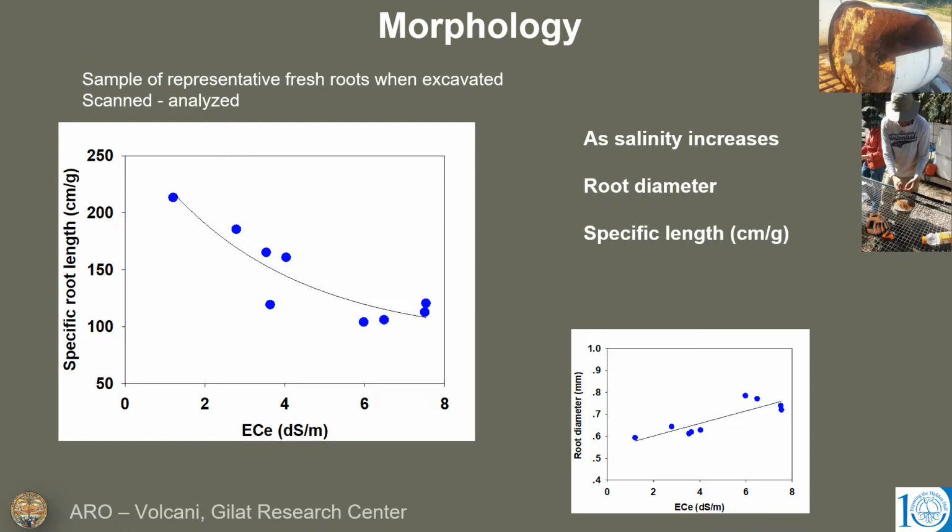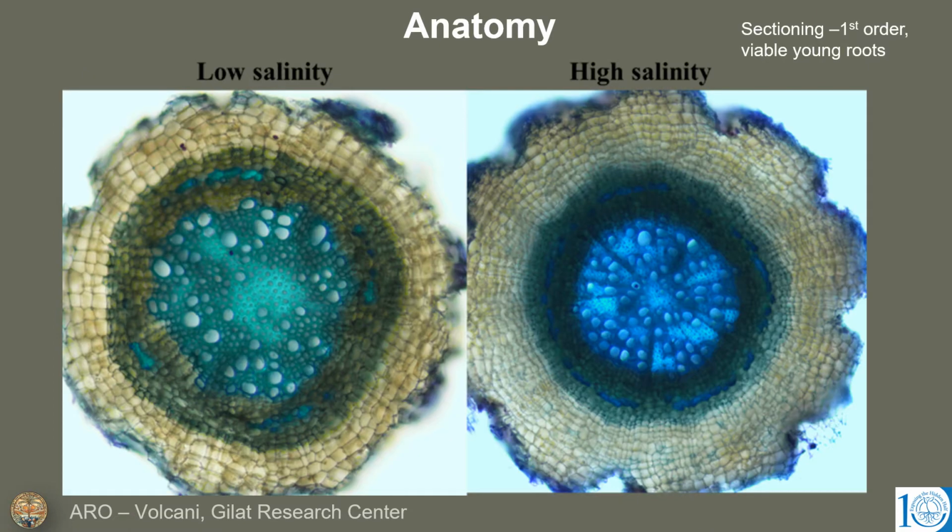When we did some sectioning and looked at anatomical elements of these roots, here we see low salinity on the left and high salinity on the right. Most of you see things in roots better than I do, and already are seeing these differences in the different aspects of the roots.